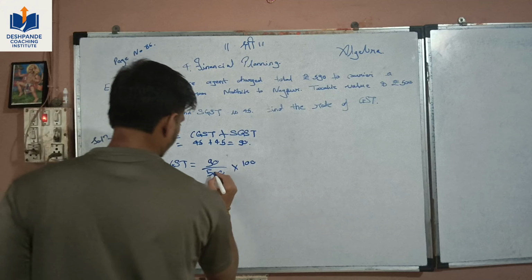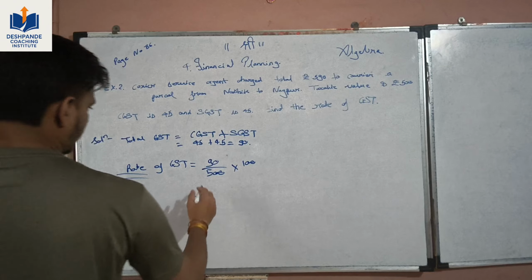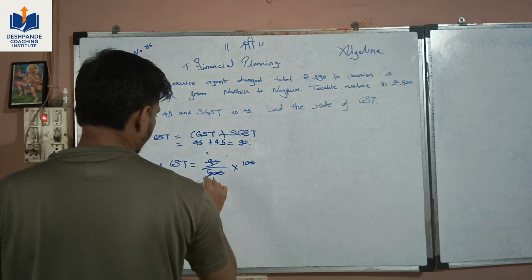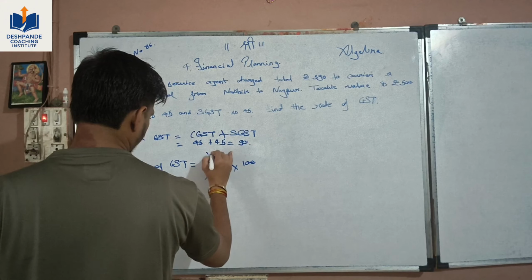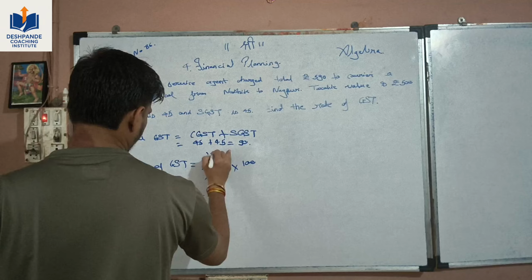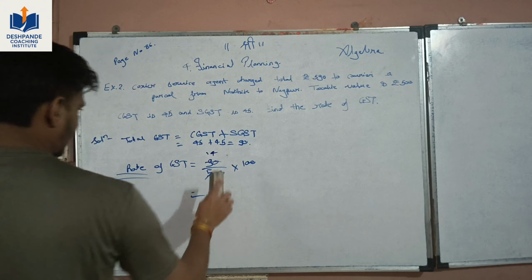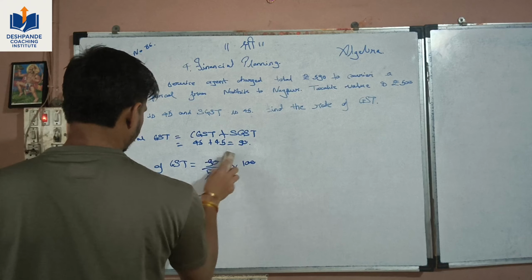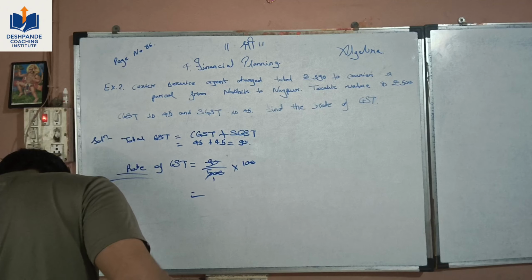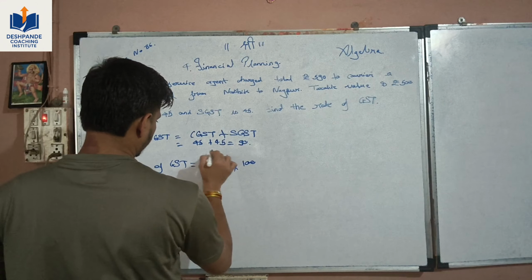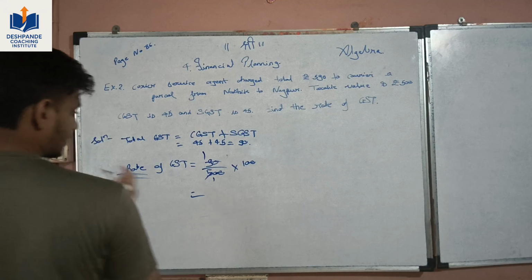So what will be the answer? These 2 zeros cut, these 2 zeros cut. 5 ones are 5, remaining 4, means 40. 5 eights are 40.